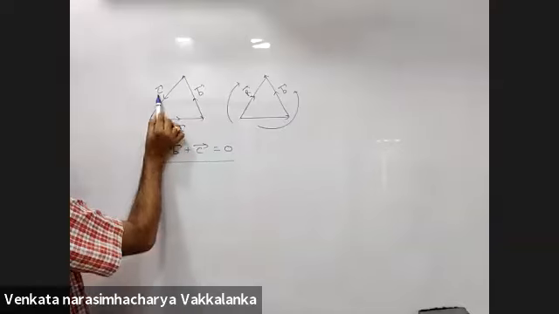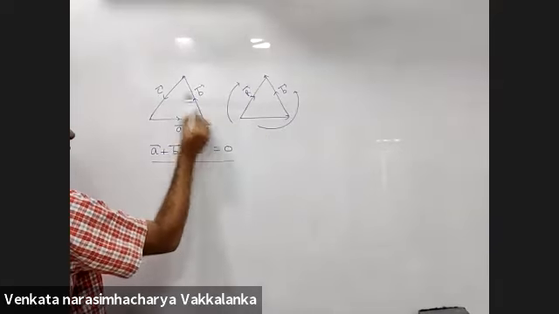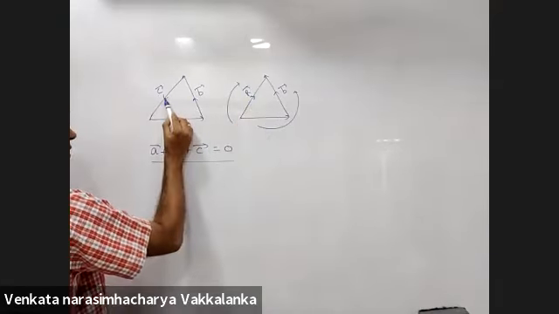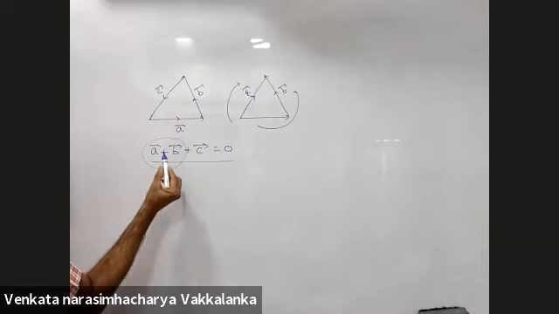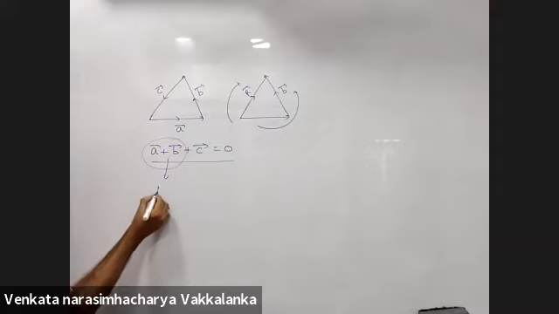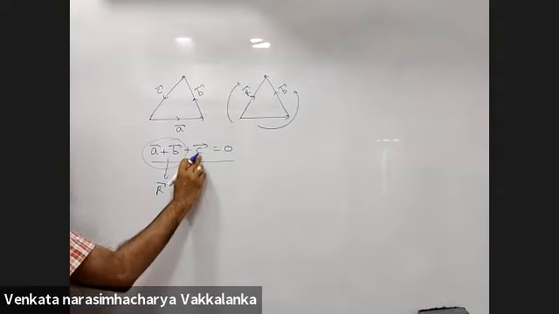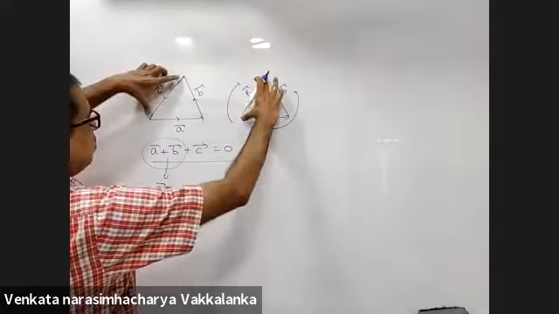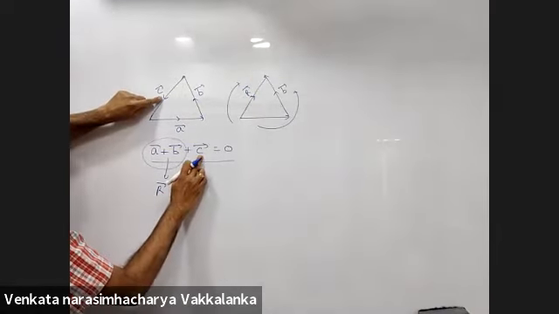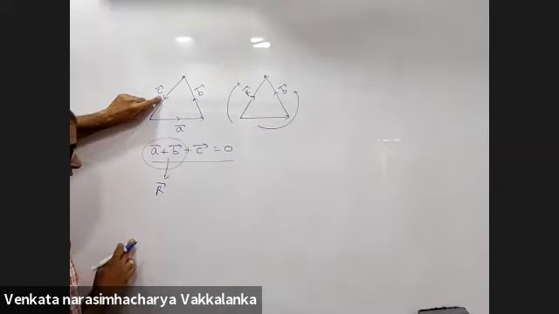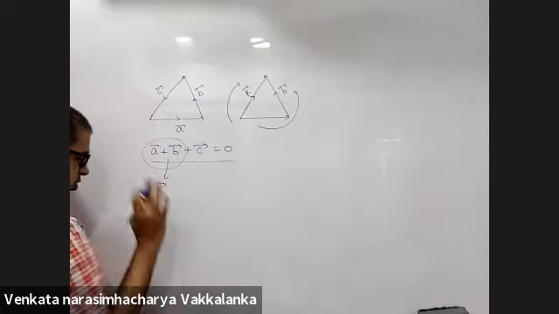Now R and C are equal in magnitude, the same length, and opposite in direction. So R and C will cancel out each other and give me 0.